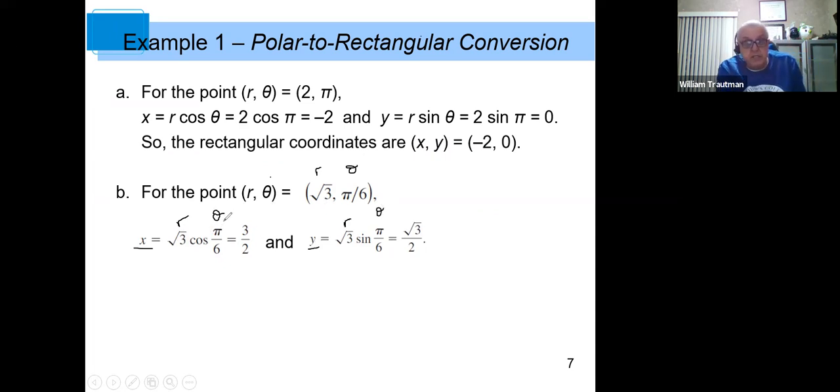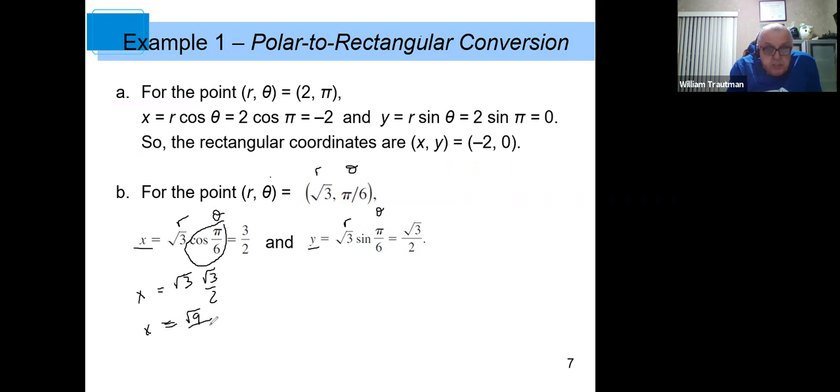And cosine of pi over 6 is the square root of 3 over 2. R is the square root of 3. Square root of 3 times the square root of 3 is the square root of 9. Square root of 9 is 3. So x part is 3 over 2.